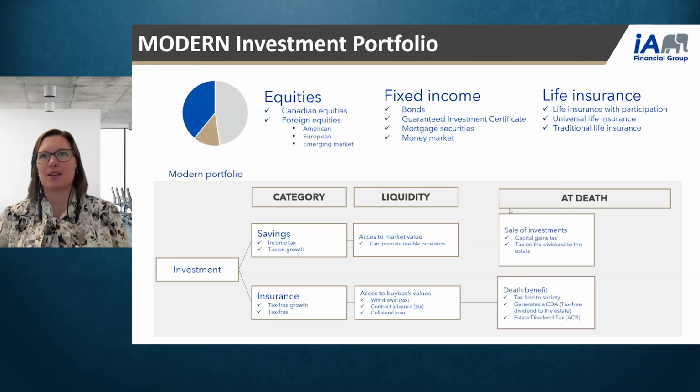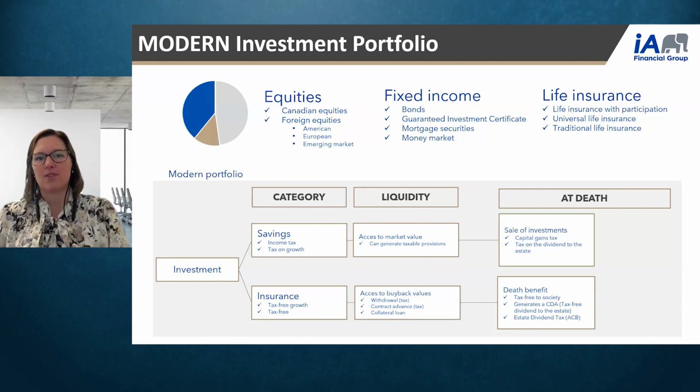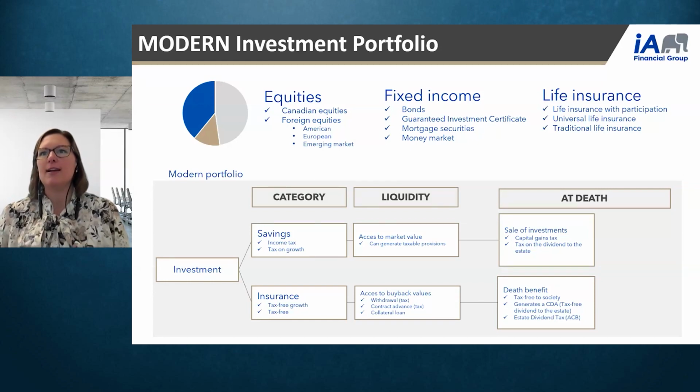Lastly, at death, if I was to just sell my mutual fund at death, which is essentially what happens, there's a taxable dividend to the estate. A larger amount of capital gains tax is triggered at that point. Whereas with a life insurance policy, the vast majority of that capital that comes into the company through the death benefit will be able to flow through the CDA tax-free.